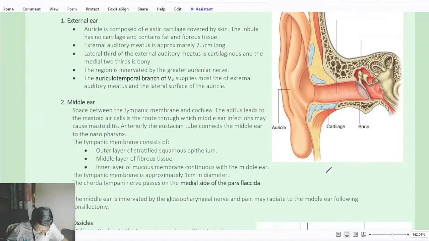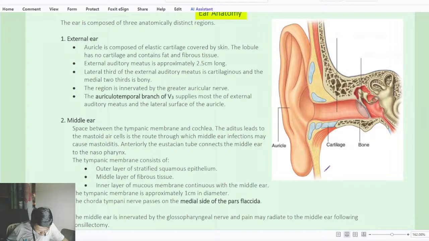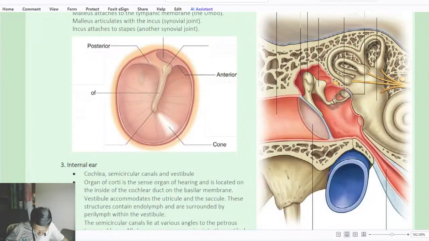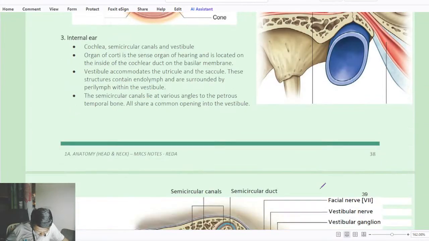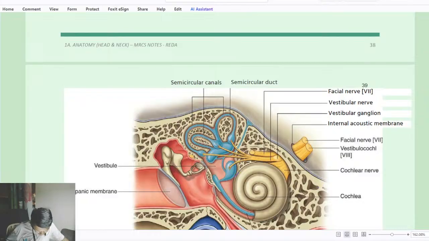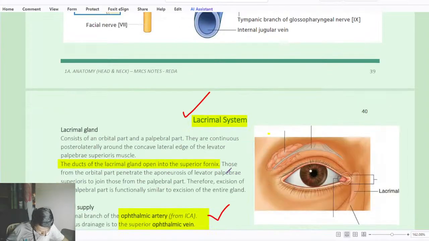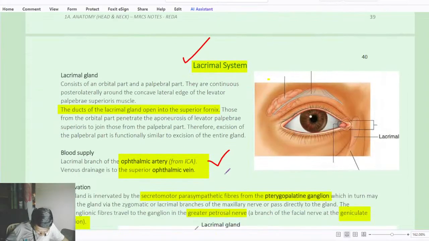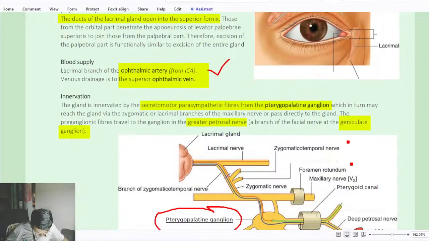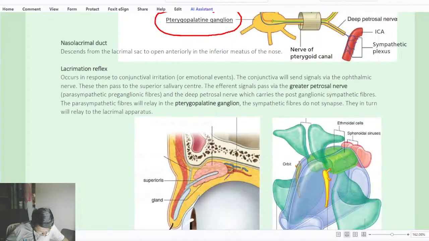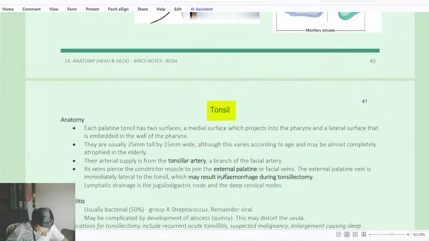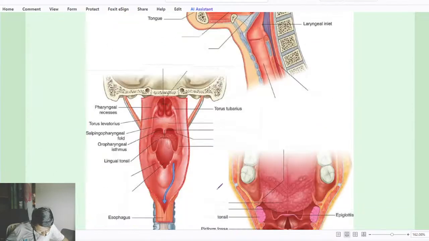Ear anatomy: external ear, middle ear, ossicles, internal ear. Lacrimal system, ophthalmic artery, ophthalmic vein, tonsil.